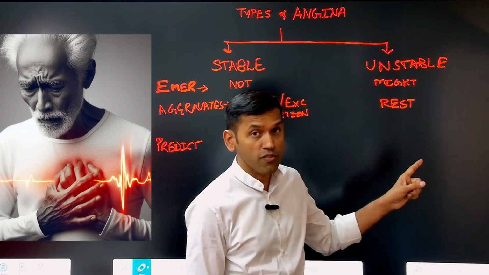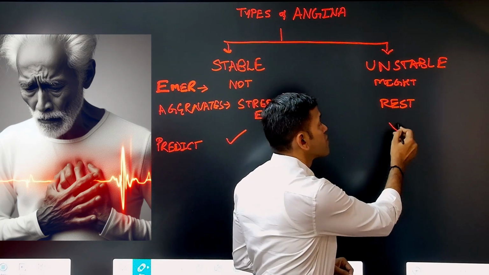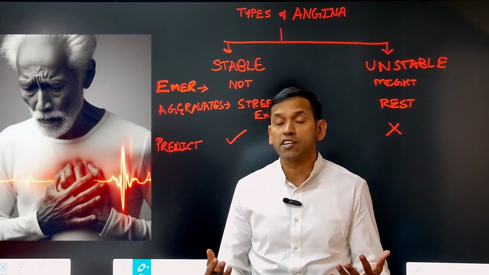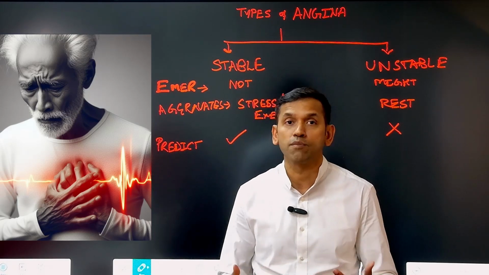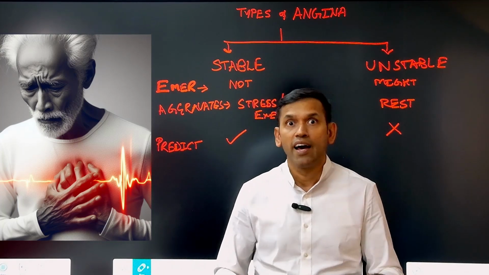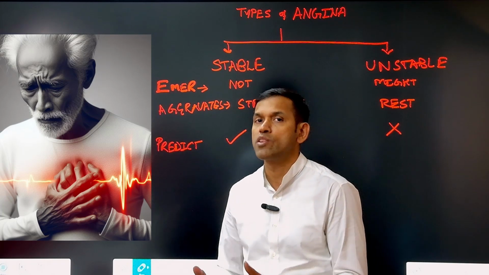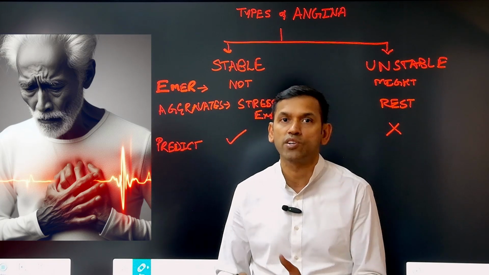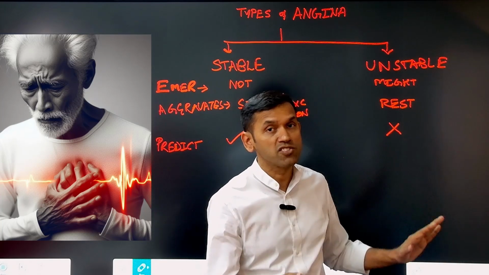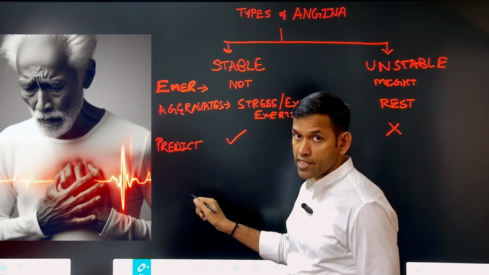But in case of unstable angina, the predictability is zero. All of a sudden the patient might present with some kind of chest pain which could be an angina, or might not be angina, and this chest pain would be aggravating. On the basis of a few investigations we will be able to understand whether this is angina or not, but the predictability of unstable angina is almost nil. So, that is about the predictability.